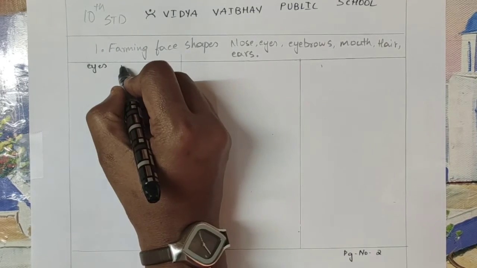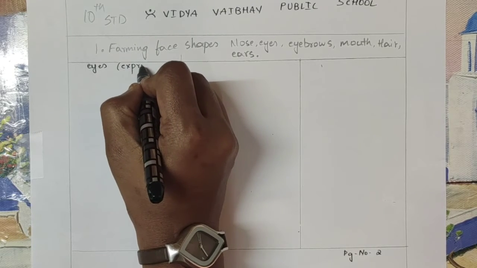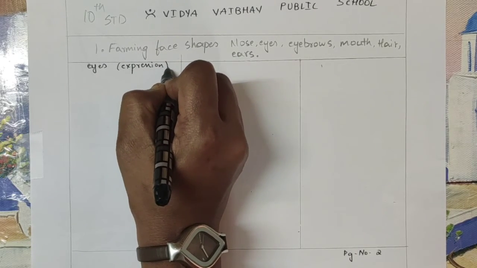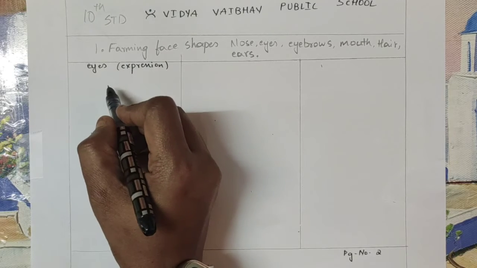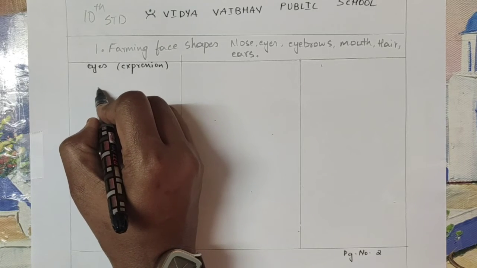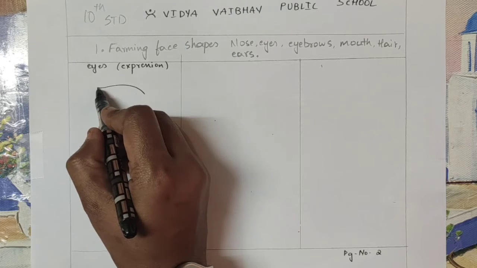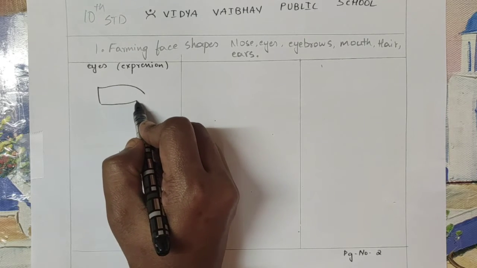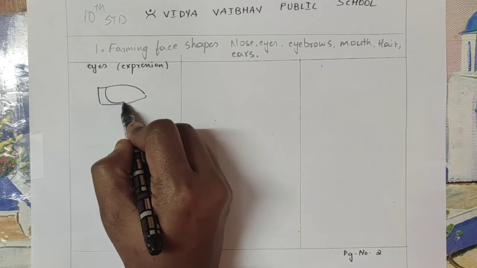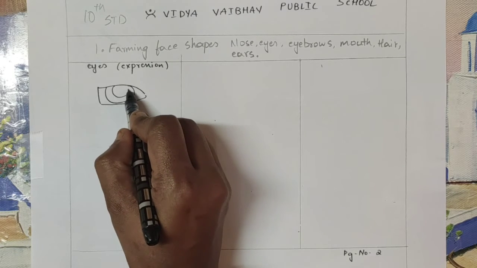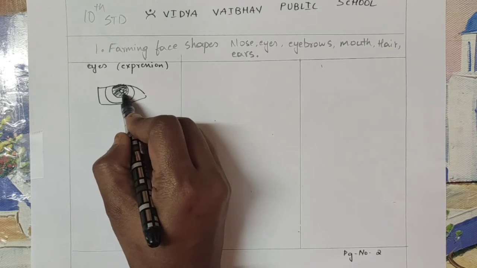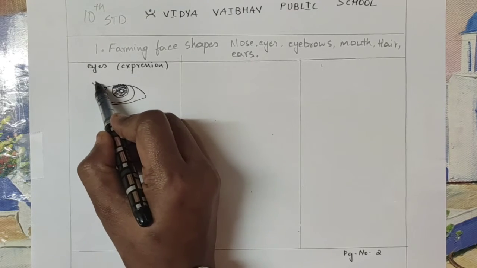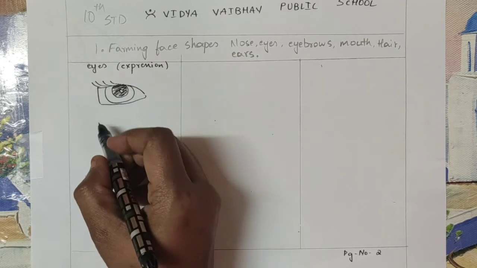Eyes will always give a good expression of what the character is doing, emotional, right? Here we already learned about the anchor point and other things, right? Always eyes will give a nice expression. When you concentrate on the eyes, it will give a good expression, right?